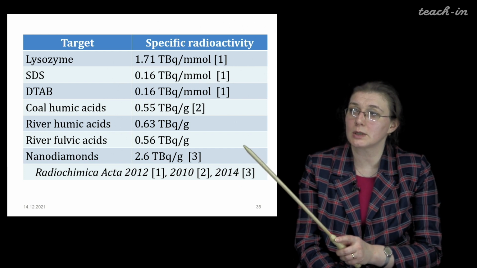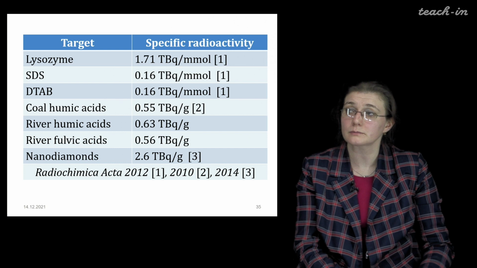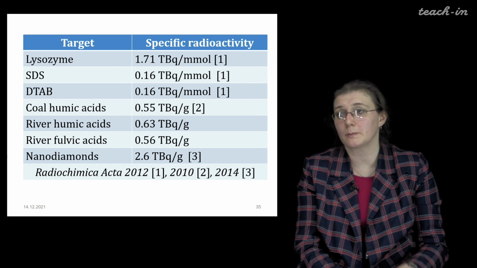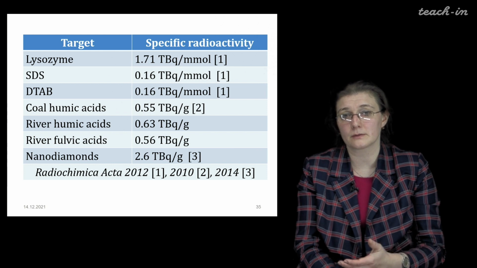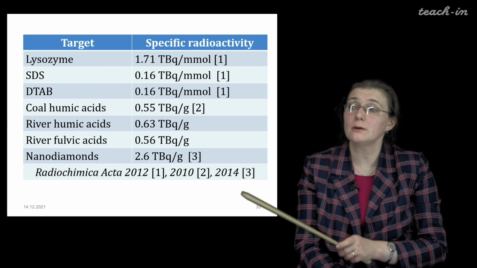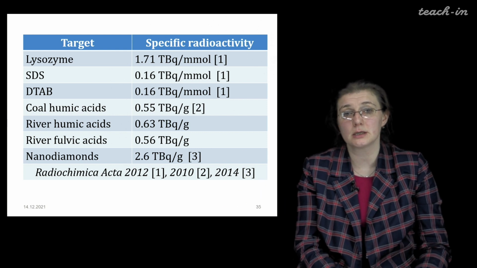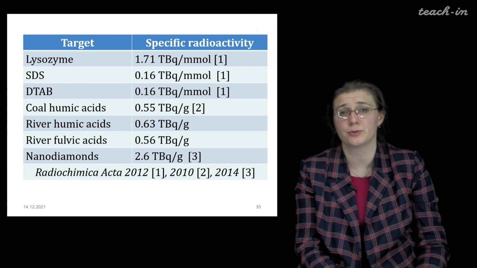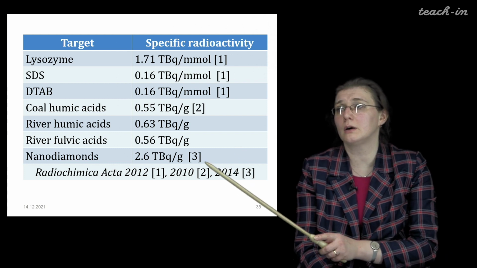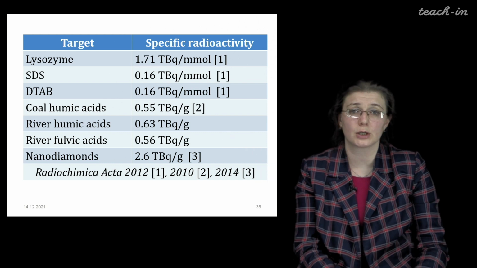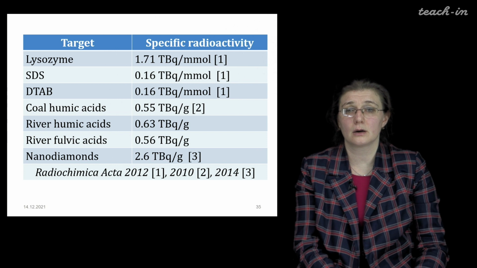As you can see from this table, the specific activity that can be obtained by the tritium thermal activation technique is rather high. Moreover, there are techniques which allow introducing tritium with a uniform distribution of the label between different components of humic substances.